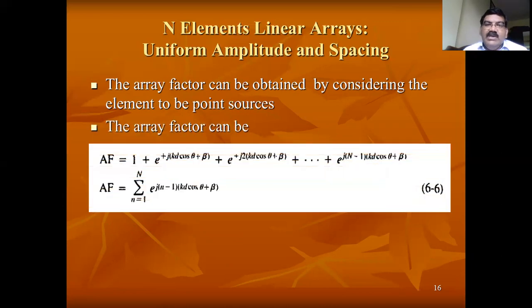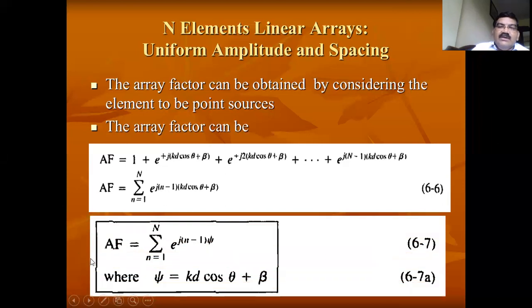So the array factor is given by this equation: 1 plus e to the power j(kd cos theta plus beta), then e to the power j 2 times that, and so on till j (n minus 1). This equation is simplified as the sum from n equals 1 to N, where N is the number of elements, and this formula we have got for the array factor.